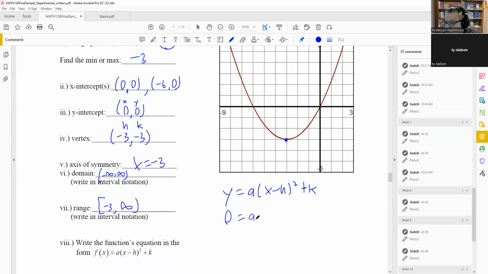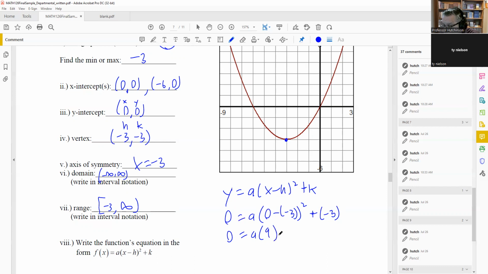So 0 equals a, and I put a 0 in for x, so there's 0 and 0 for x and y. Now for the h and k, both of those are -3. Put those in there. If I simplify this, I get x plus 3, or actually not x, that's plus 3 squared.